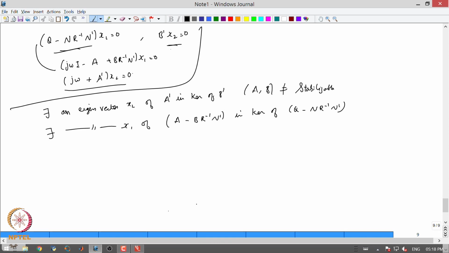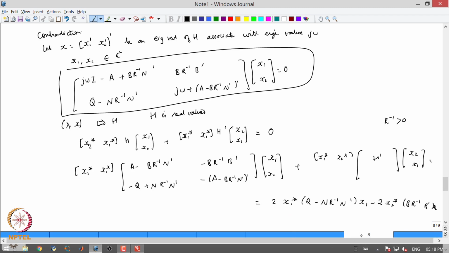First one was these two, the second one was these two. This means that the pair A minus B R inverse N prime, Q minus N R inverse N prime is not detectable.